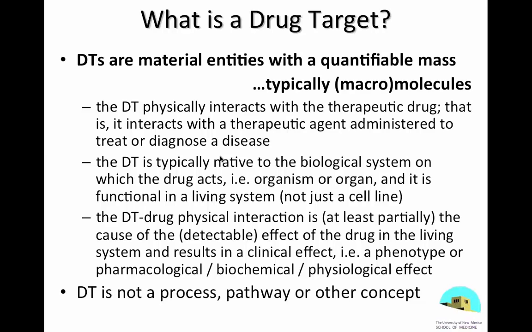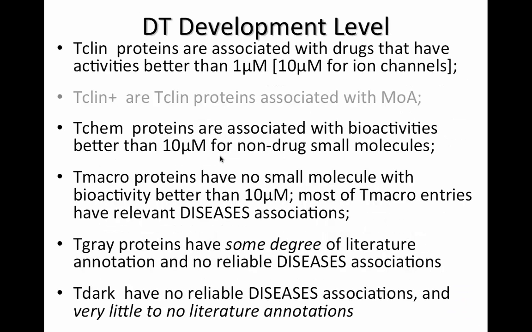So those are the creme de la creme of drug targets. But in a simpler definition, T-chem are proteins that we know interact physically with drugs with an affinity better than 1 micromolar. We had to relax that criterion to 10 micromolar for ion channels, they tend to be weaker in potency.